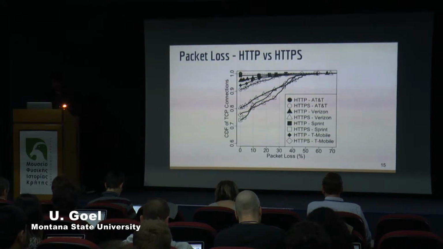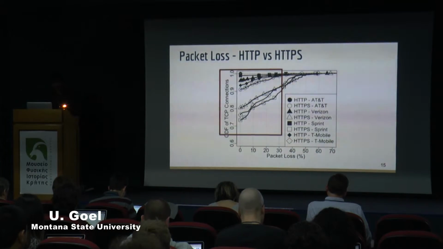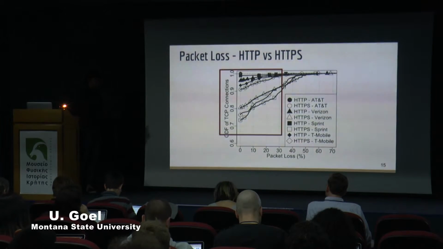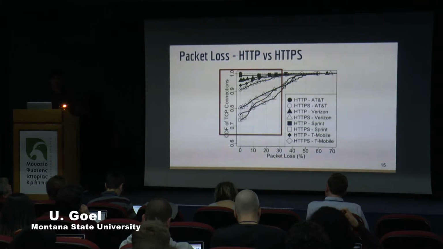In this, there is a general trend that for HTTP connections, we see very low packet loss. For example, almost 100% of the connections on AT&T, which is the solid dot, had no packet loss, because AT&T has a proxy for splitting HTTP traffic, and because the communication is happening between two giant data centers, it may be expected that there won't be a packet loss, or at least Akamai would not interpret it as a packet loss.